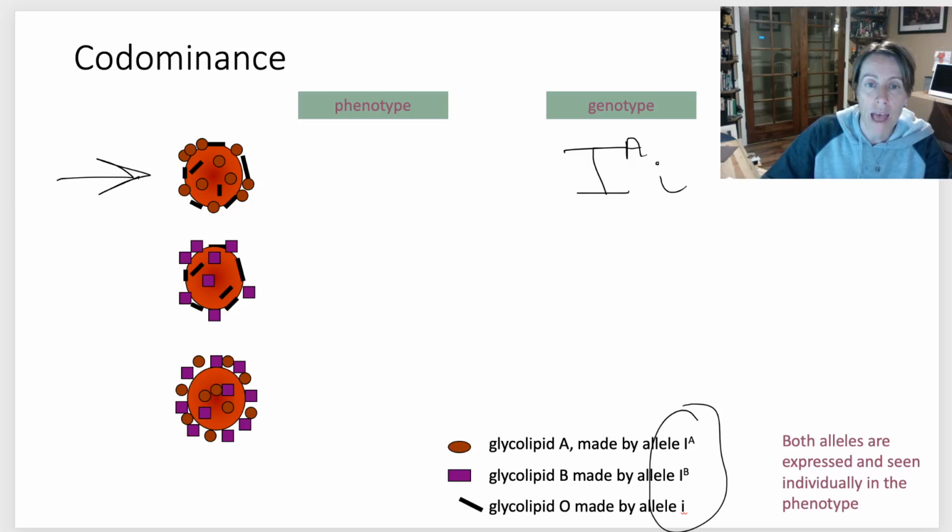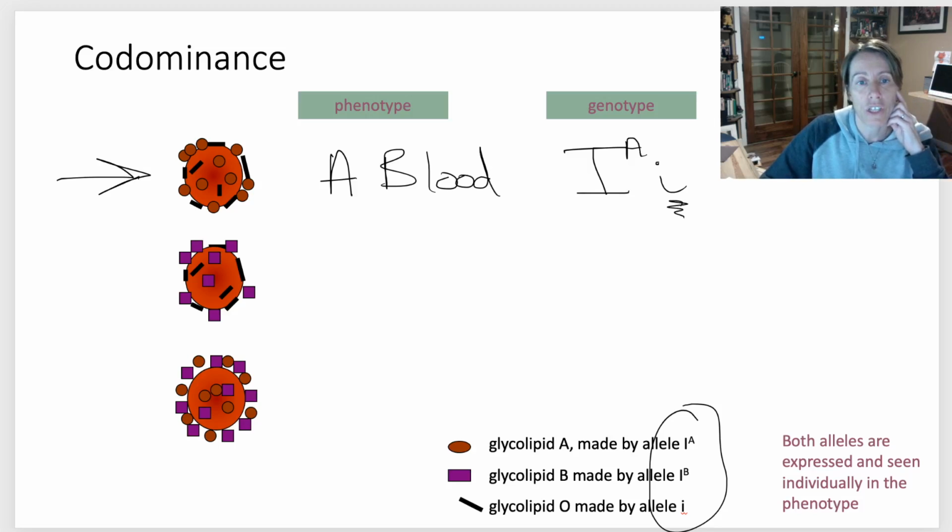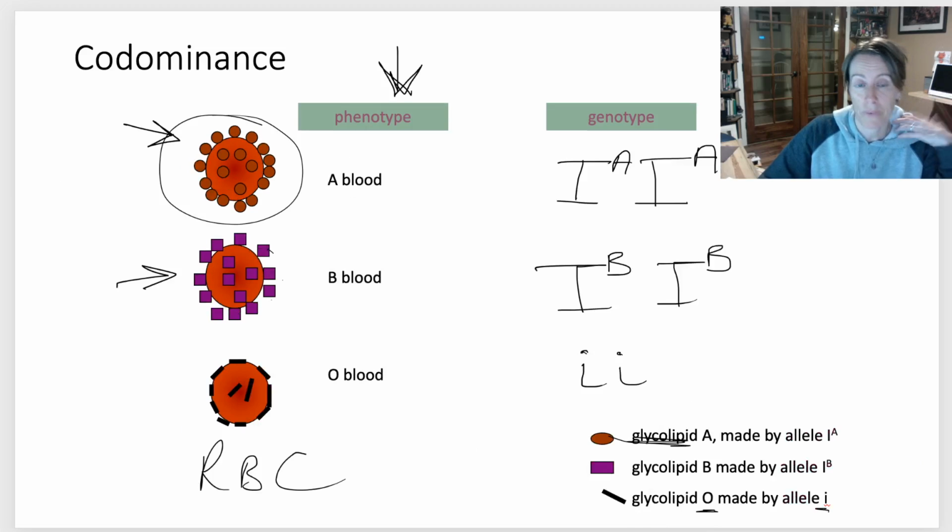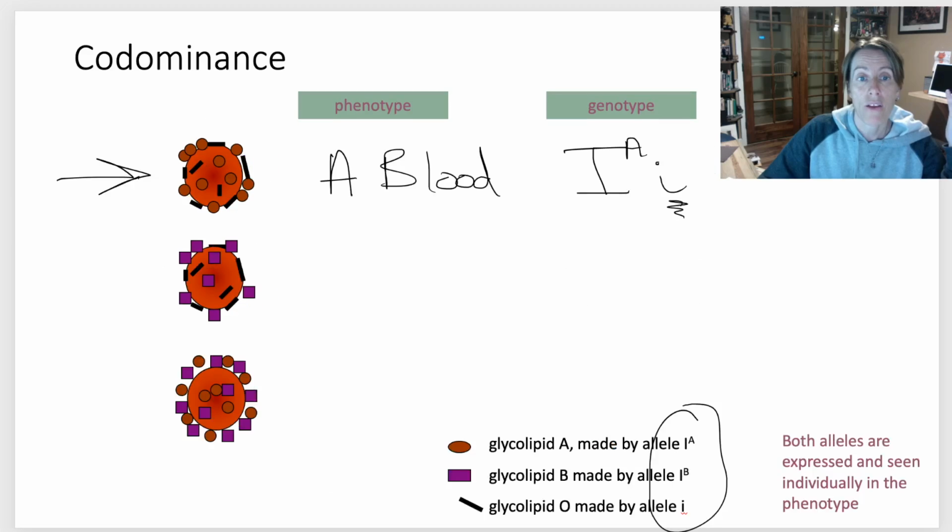So this person would have type A blood. Even though they've got this allele, and even though it's showing up on their red blood cells, we wouldn't be able to detect it or see it with the way we look at blood. And so this person would come back with type A blood, just the same as this person. So someone who is type A blood could be like this, or they could be like this. We have no way of knowing.